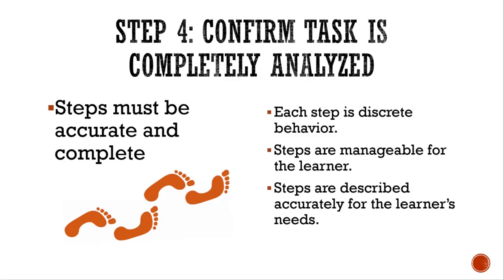Step 4 is you need to confirm that the task is completely analyzed. So you make sure that your steps are accurate and that they're complete. Each step needs to represent a discrete behavior. The steps need to be manageable for the learner, and the steps are described accurately for the learner's needs.